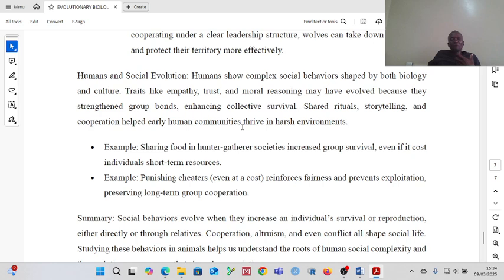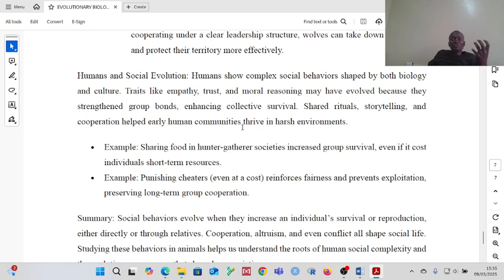When you are giving out what you have today, you are sure you will not have it tomorrow. But you are hoping that whoever you are giving it to today will have it tomorrow so that they give it back to you. Okay? So that's why we are saying sharing food in hunter-gatherer societies increases group survival, but it extends a cost to individuals in the short term.